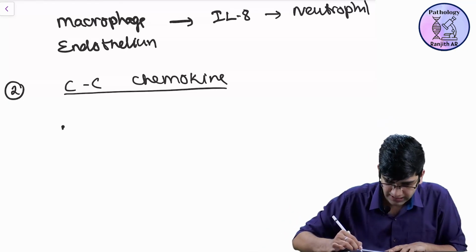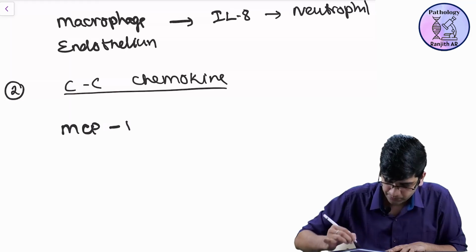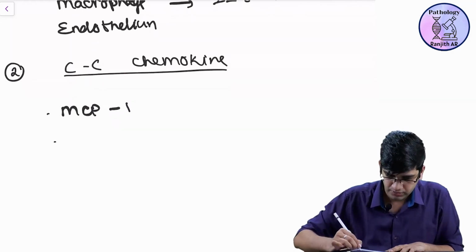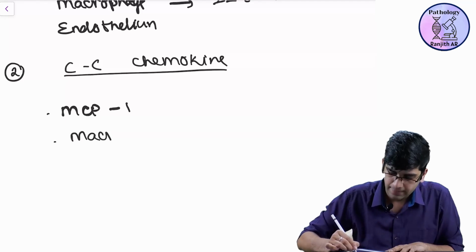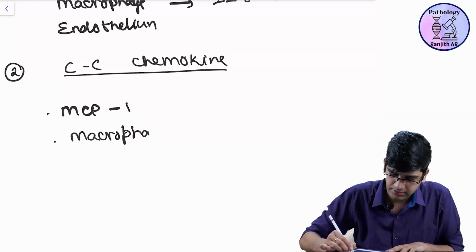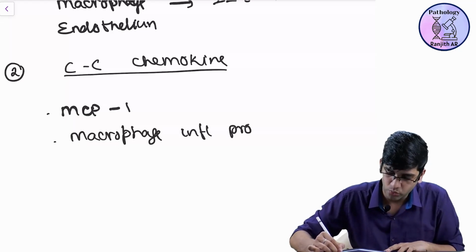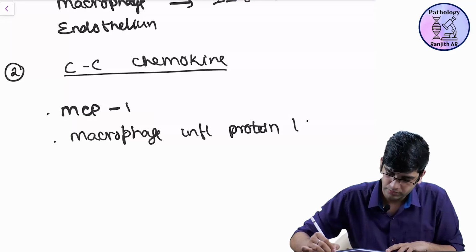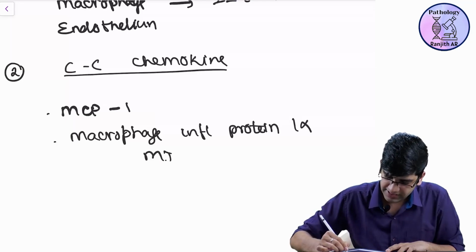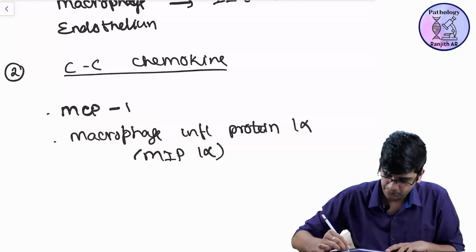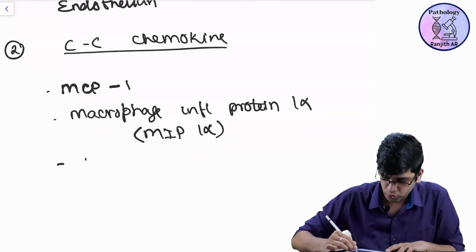We have something called MCP1. We have something called macrophage inflammatory protein 1 alpha, MIP1 alpha, and we have eotaxin.